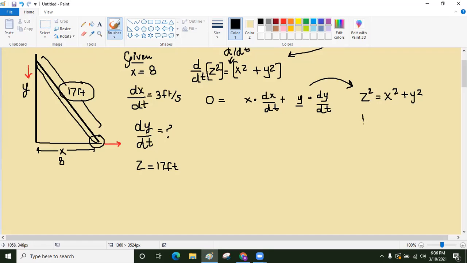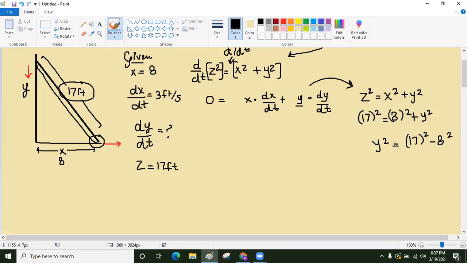So z squared, we know that z is equal to 17, so this would be 17 squared. And x squared is, in fact, we know that x is equal to 8, so that would be 8 squared. And we'll have plus y squared here off to the side. And if we were to do this here, we'd eventually get y squared equal to 17 squared minus 8 squared.